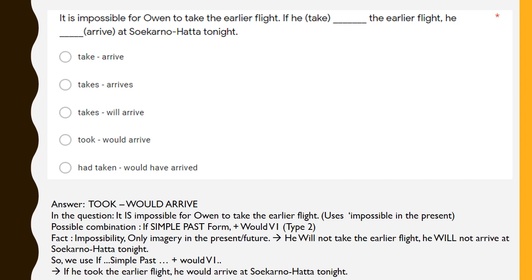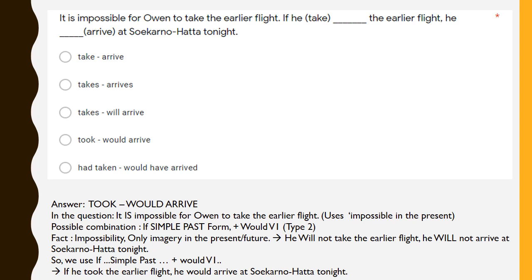Question: It is impossible for Owen to take the earlier flight. If he take the earlier flight, he arrive at Soekarno-Hatta tonight. Answer: Took, would arrive. Because in the question, it is impossible for Owen to take the earlier flight.